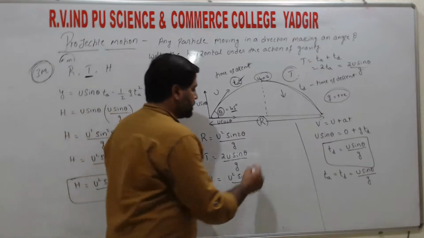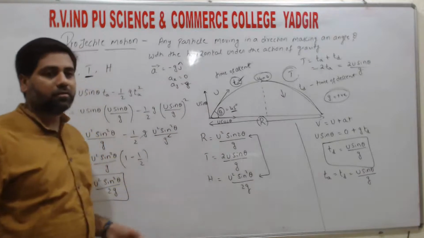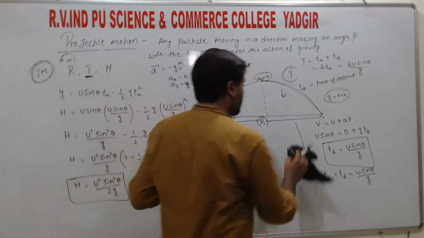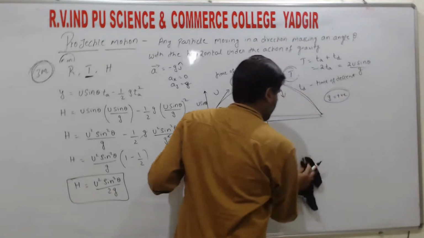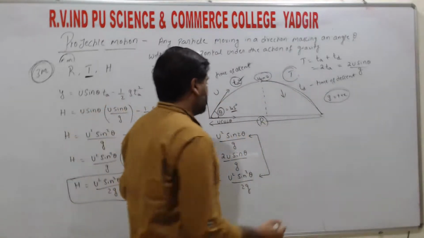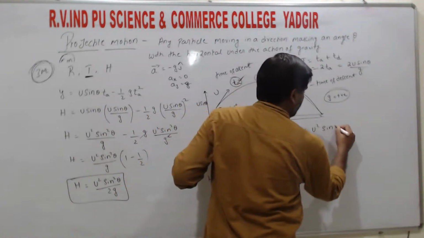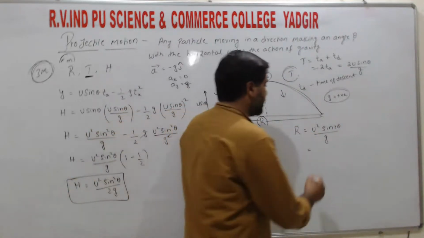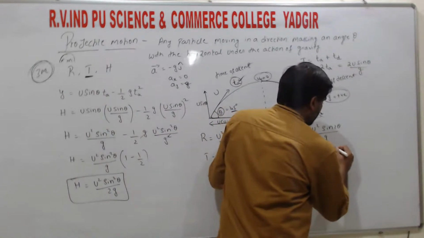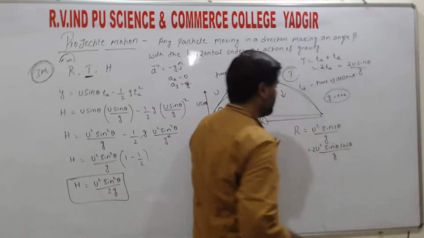And the last one is the relation between height and range, right? Taking any one relation, r is equal to u square sin 2 theta by g, and sin 2 theta we can write as 2 sin theta cos theta, so u square into 2 sin theta cos theta by g, right?